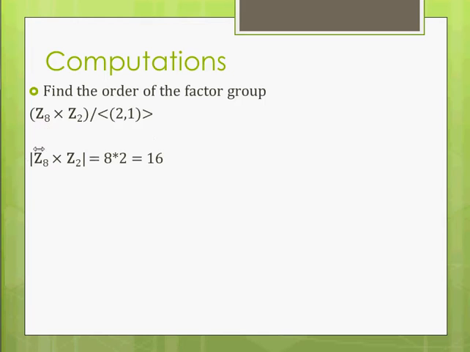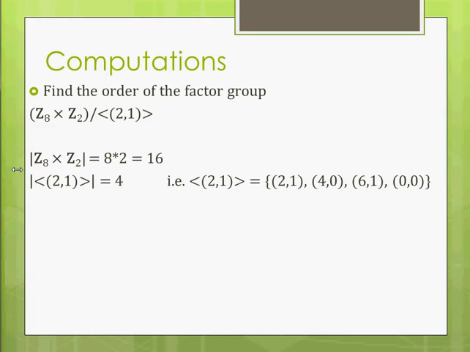The order of Z8 cross Z2 is just 8 times 2, that's 16. We went over that in the previous video, in the direct products of finitely generated abelian groups. Then the order of the cyclic subgroup generated by (2,1) is 4, and I showed that here.